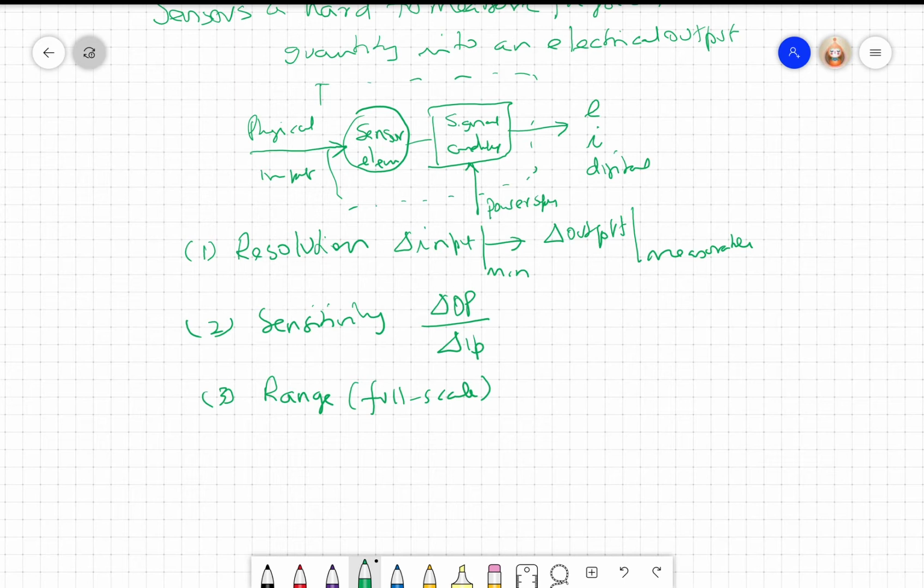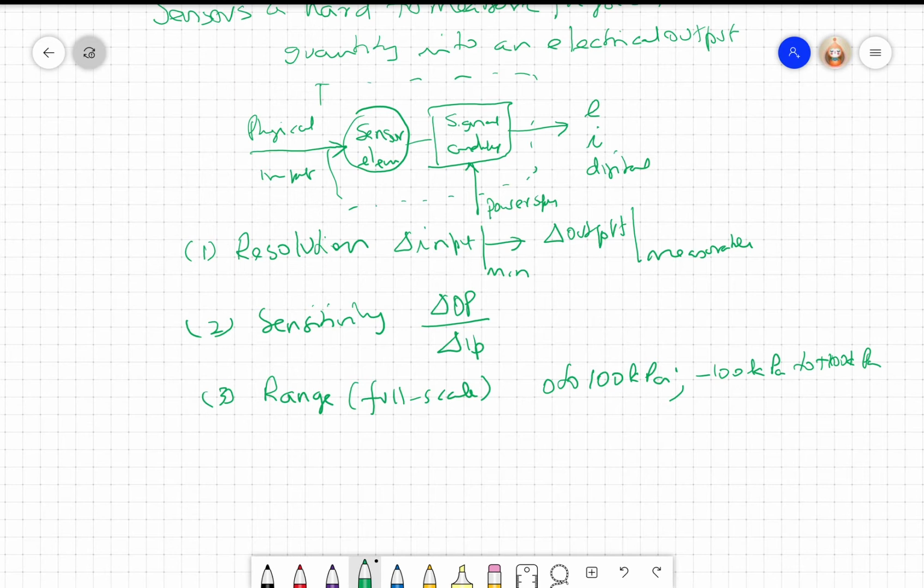So a range can be unipolar. For example, it could be 0 to 100 kilopascal, or it can also be bipolar, minus 100 kilopascal to plus 100 kilopascal. Right? So if I am measuring P1 minus P2, if P1 is greater than P2, I get plus 100 kilopascal.